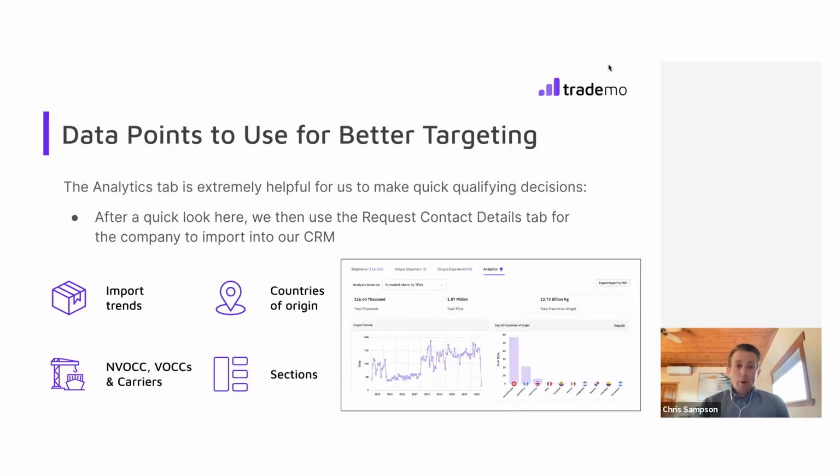So to that point, once we now have our lead list, how do we figure out which companies to focus on? And this is where the targeting comes into play. The analytics tab has been really useful for us. Within each customer, you can see the transactional volume, or actually it doesn't have to be one customer, you can see it for broader industries as well on the filters that we just talked about.